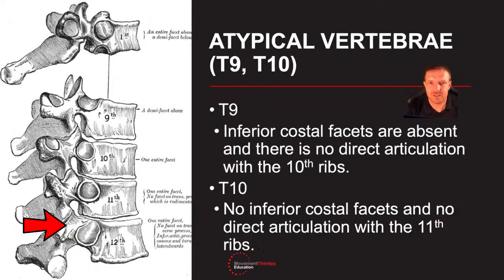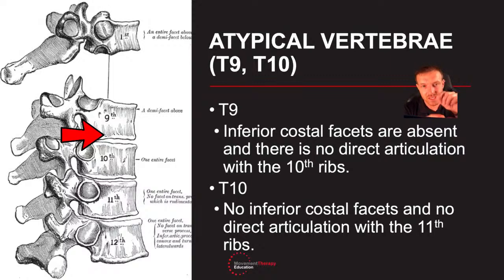Okay, so let's have a look at some of the others. So this is 9 and 10. So if we have a look here, we've got rib 9 and rib 10, or vertebra 9, vertebra 10. So we've got an inferior costal facet is absent. Look at that. Okay, so that superior one is there, but there's no inferior one.